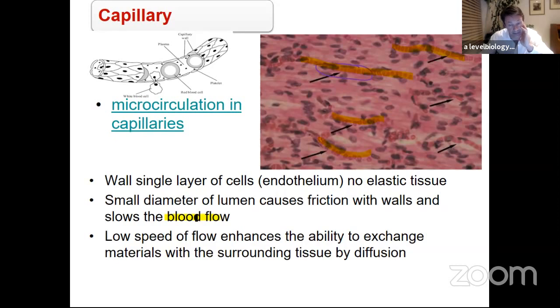Now, as you've slowed down that blood, it means that you can then have more exchange of oxygen and carbon dioxide, because the carbon dioxide is going to be diffusing out of the mitochondria and into the red blood cells, where it's going to be turned into hydrogen carbonate with carbonic anhydrase, and then into hydrogen ions with the whole transport of carbon dioxide thing.